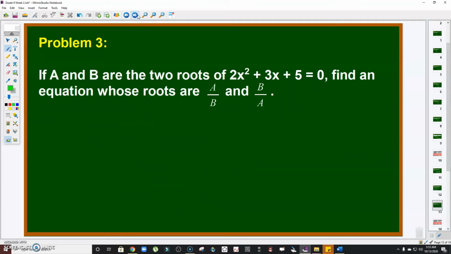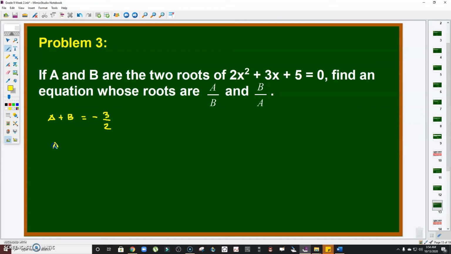If a and b are the roots of 2x squared plus 3x plus 5 equals 0, find an equation whose roots are a over b and b over a. So, it's the same as what we did earlier. But once again, let's establish the relation of the roots. a plus b is equal to negative 3 over 2. Right?